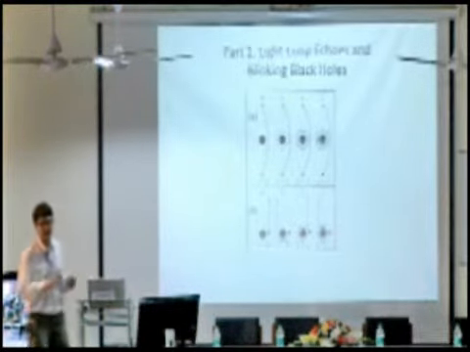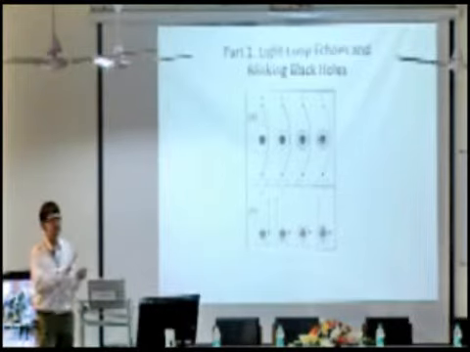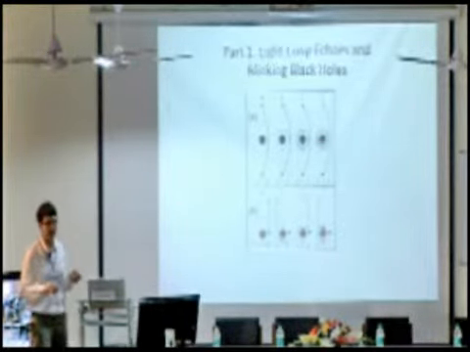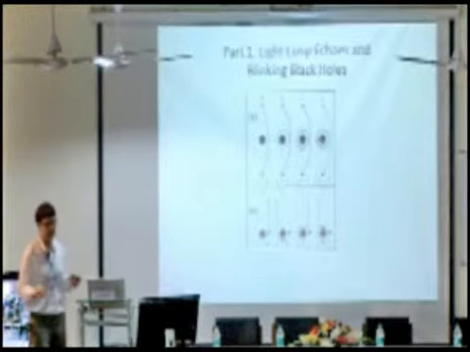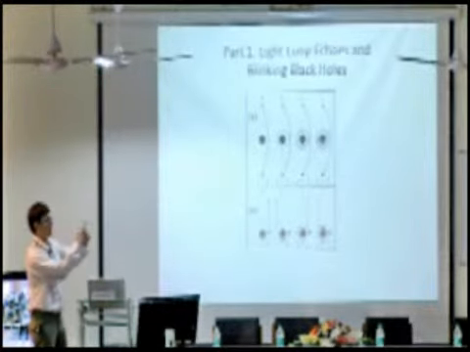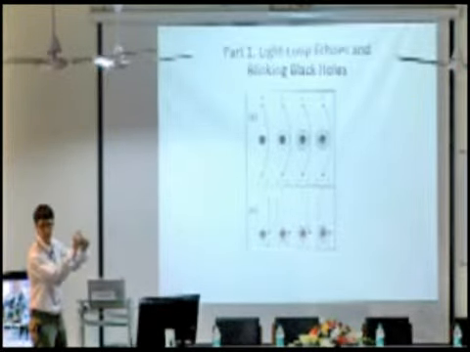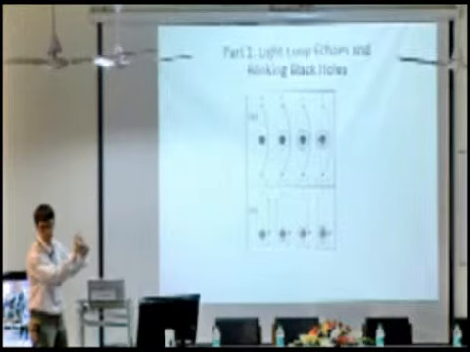Okay, but the skeptic is still not satisfied, so he says, fine, maybe these higher order images are not too dim to detect, but they're still at a distance away from the black hole which is comparable to the radius of the black hole.